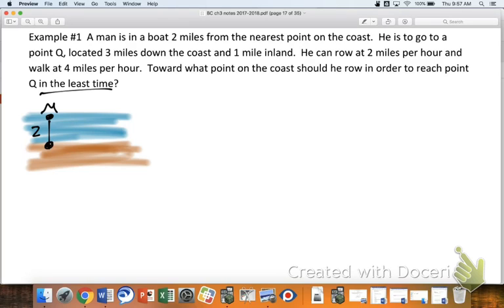So here's the man out here in his boat, 2 miles from the coast. He is to go to point Q, which is 3 miles down the coast and 1 mile inland. There's point Q. So this is 3, this is 1. That makes sense as far as the picture goes?